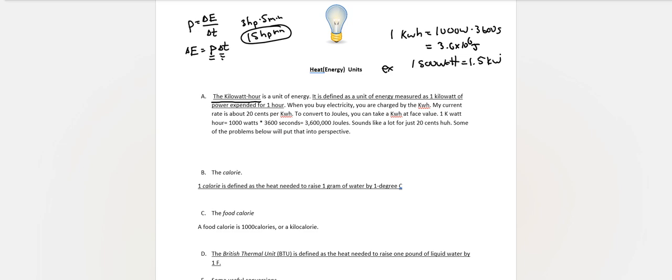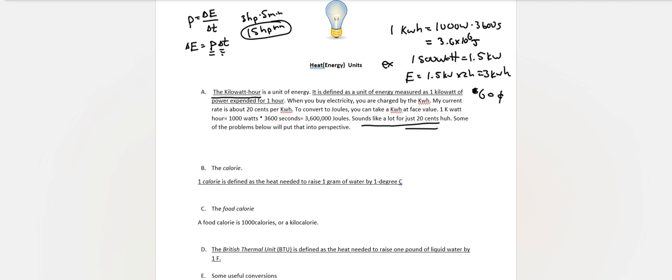If we ran that oven for 2 hours, then the energy we would use would be 1.5 kilowatts times 2 hours, which is 3 kilowatt hours. My current electrical bills, I'm getting charged right around 20 cents per kilowatt hour. So in this oven example, I would get charged about 60 cents to run that oven.